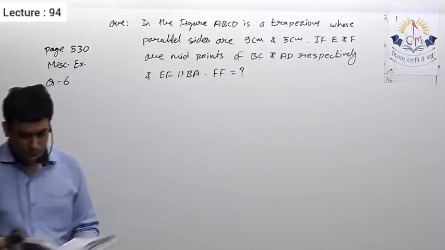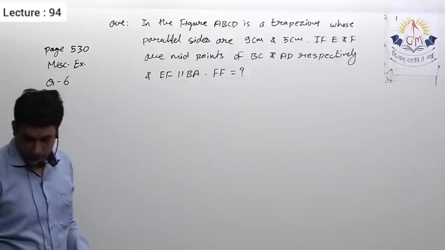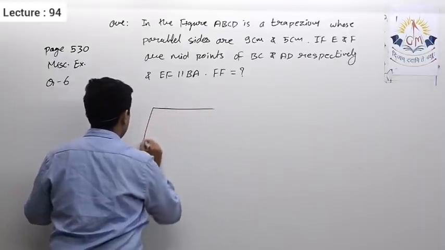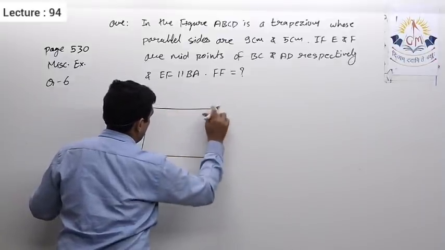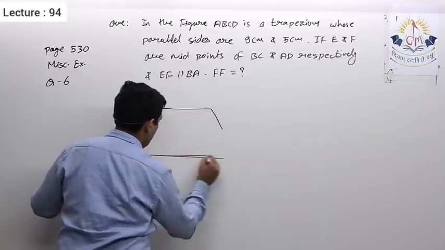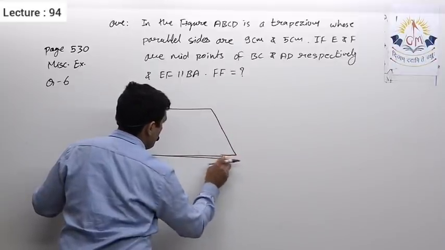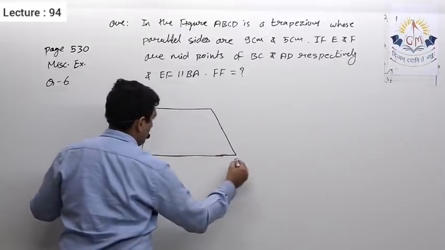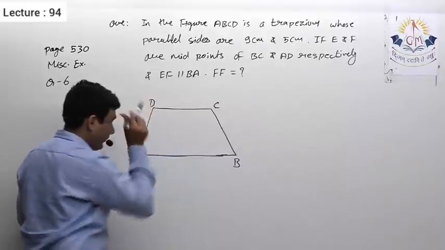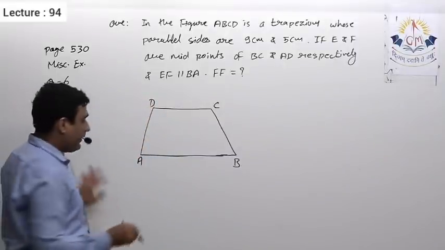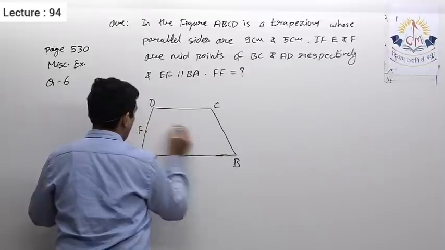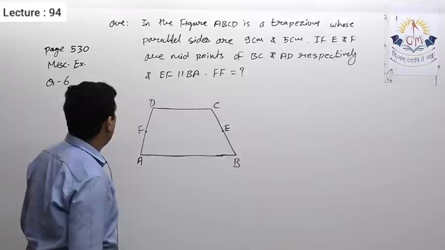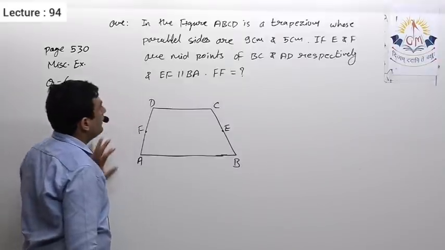Okay, so here it is given ABCD is a trapezium. E and F are midpoints of BC and AD.